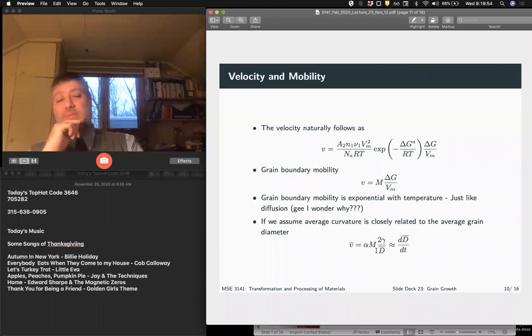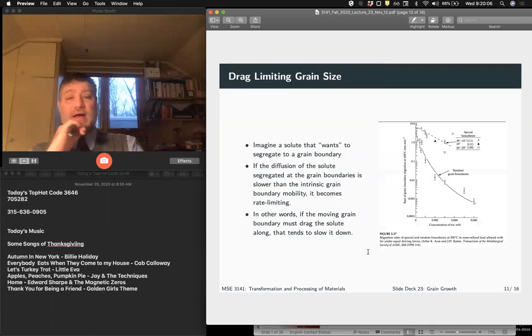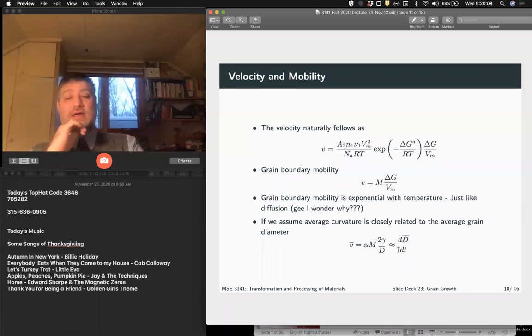That's going to be our mobility times our surface energy divided by our average grain size times the geometric factor here, a fudge factor that's going to be about 1, right? And using this, we can figure out where our velocity essentially slows, right?